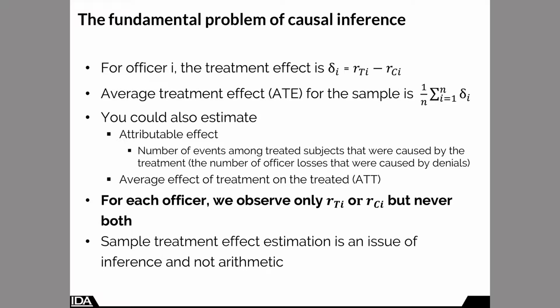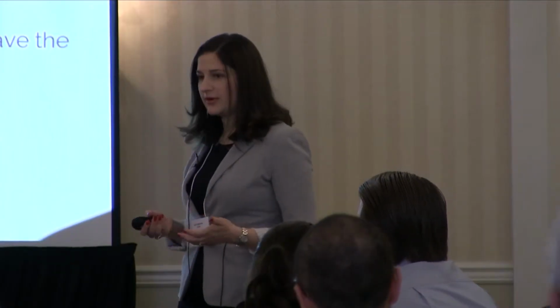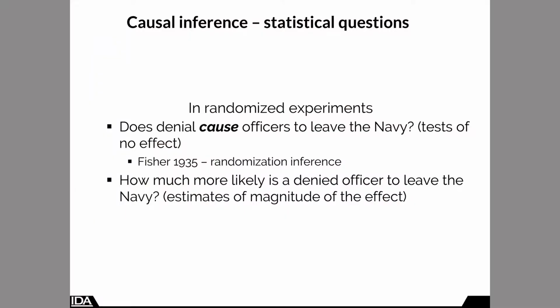And again, the problem is that you can't really compute this quantity because for each officer, you only ever get to see this or that and never both. So what kind of questions would we have asked if the Navy did this at random? Well, we would ask, what's the causal effect of denial, right? Does denial cause officers to leave the Navy? And that's a Fisherian kind of question, just is there an effect, right?